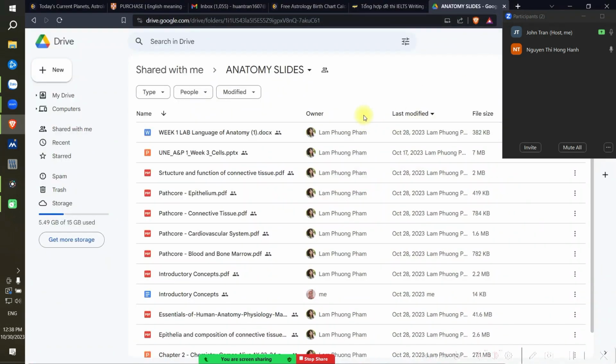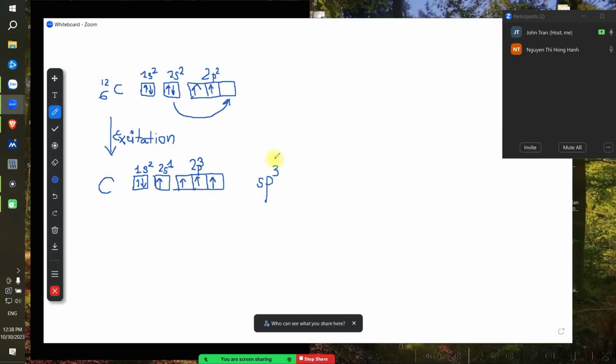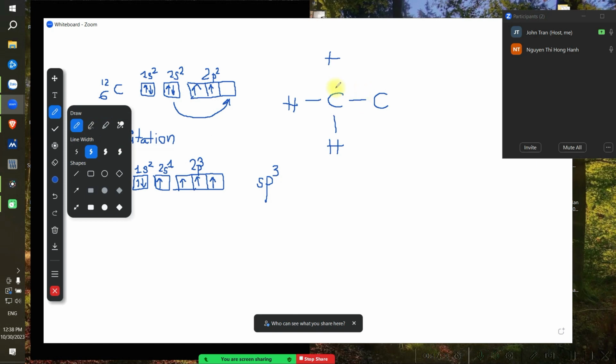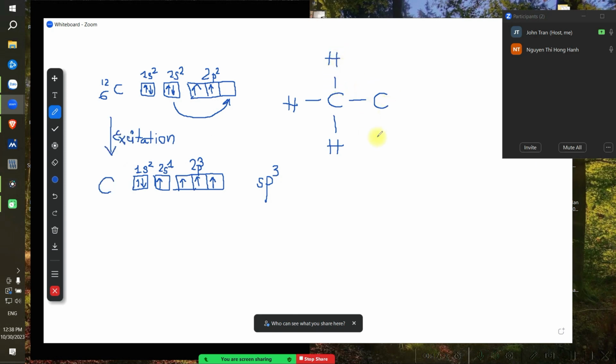For example, this carbon in the middle is in the sp3 state because it formed 4 bonds with the surrounding atoms, right?